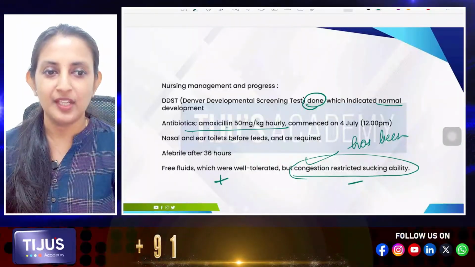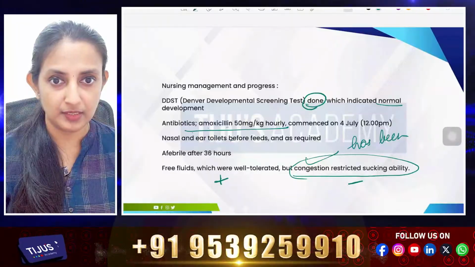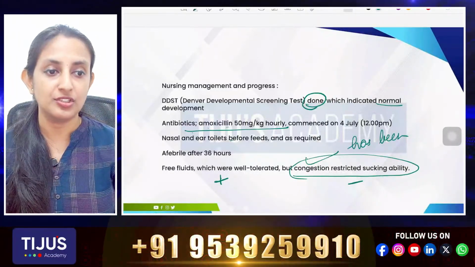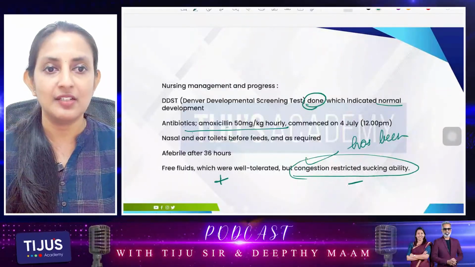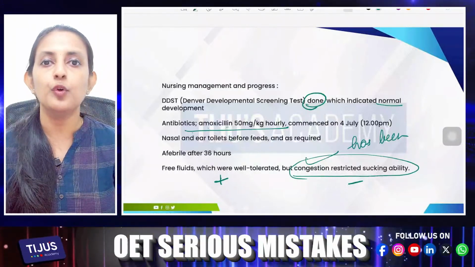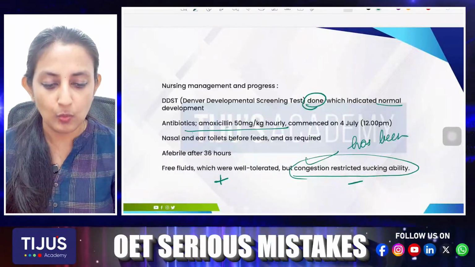So it doesn't matter. Okay, so here the free fluid which was well tolerated is a positive thing, but the patient is still having congestion which restricted his sucking ability. So here the positive and negative aspects of the patient have been combined. If you want to combine a positive and a negative element, you can use the connector however in between.